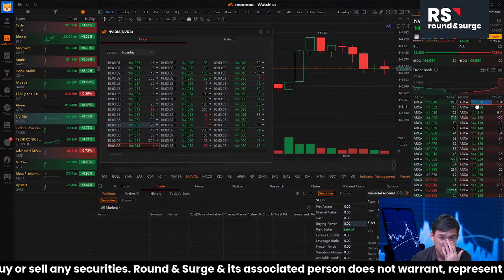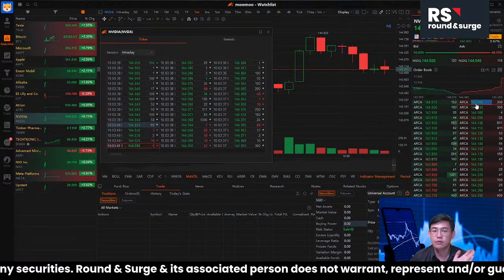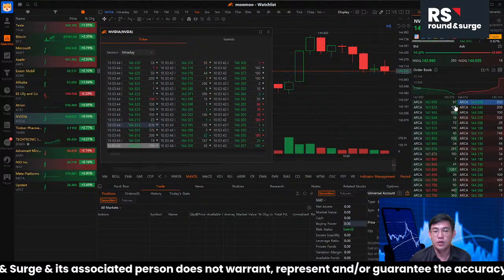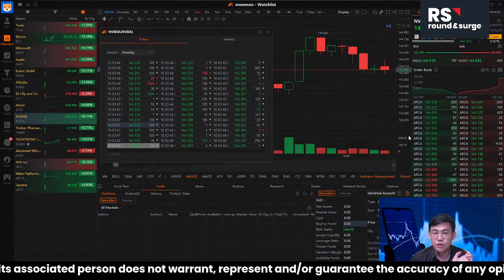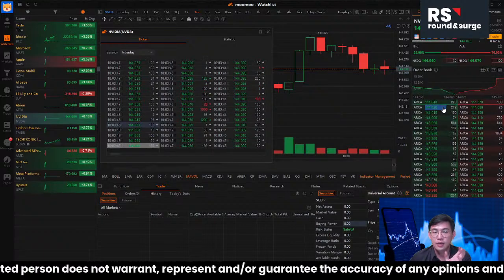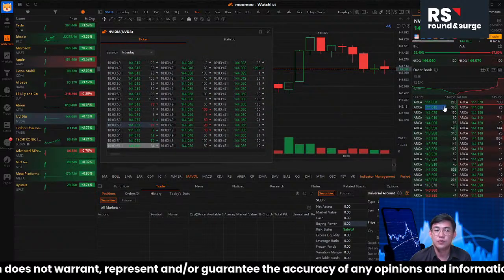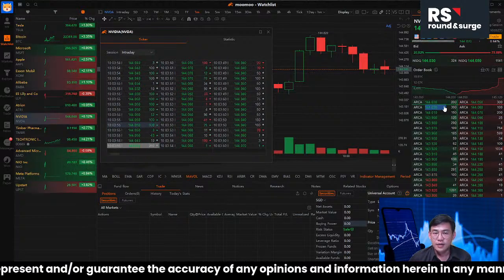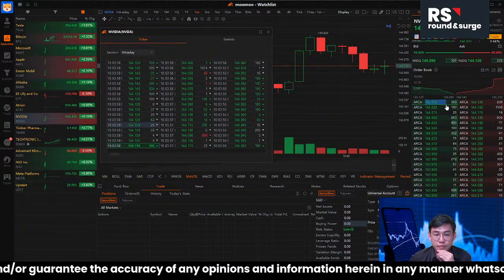Flashboy is like an AI or maybe robots that track who keys in the order, wants to buy, then they will rush in to buy the orders that initially wanted to enter, and then they park it at the high side, slightly higher, so that you are buying at a higher point.